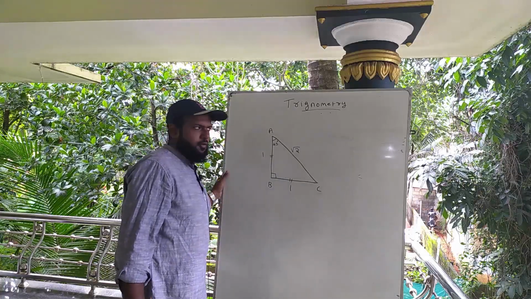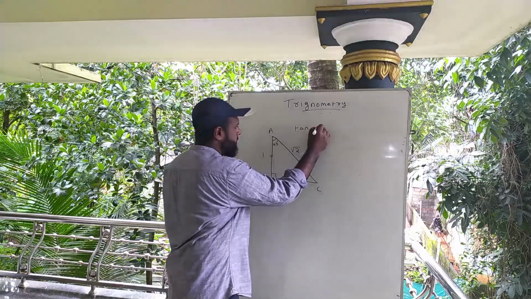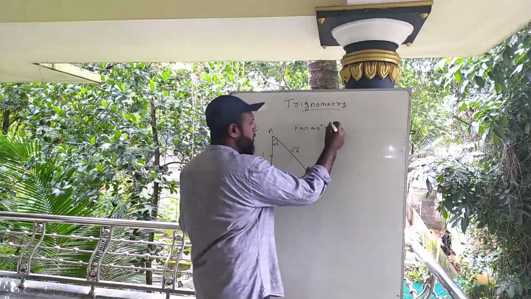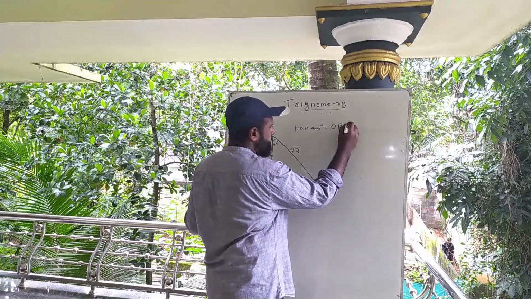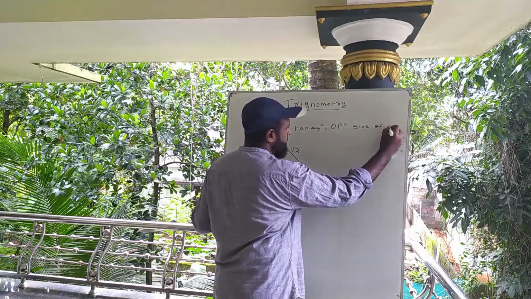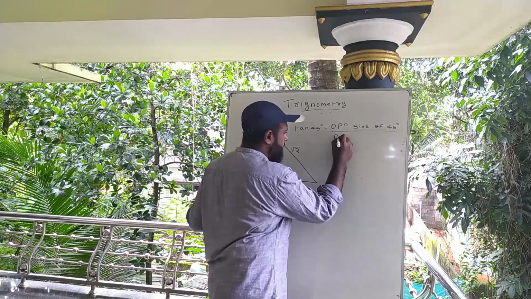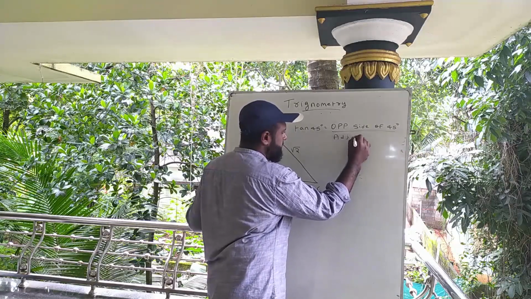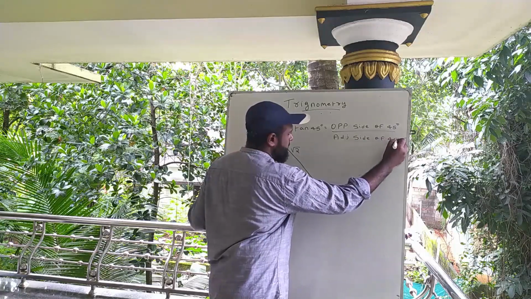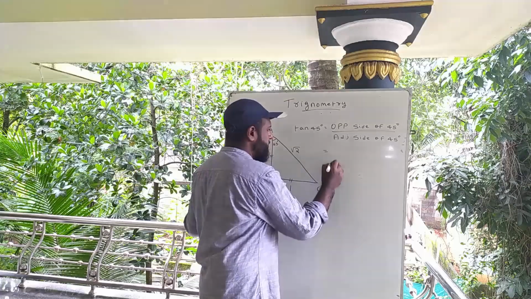Next we can say what is tan 45 degree. Tan 45 degree is the ratio of the opposite side of 45 degree by the adjacent side of 45 degree.